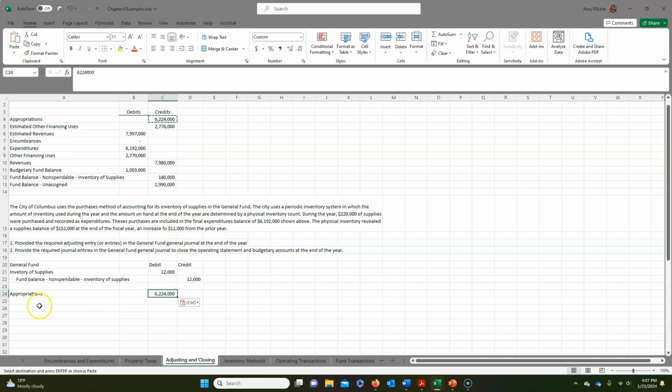We're going to debit appropriations to close it, and we're going to debit estimated other financing uses to close it, and then we're going to credit estimated revenues and the budgetary fund balance.